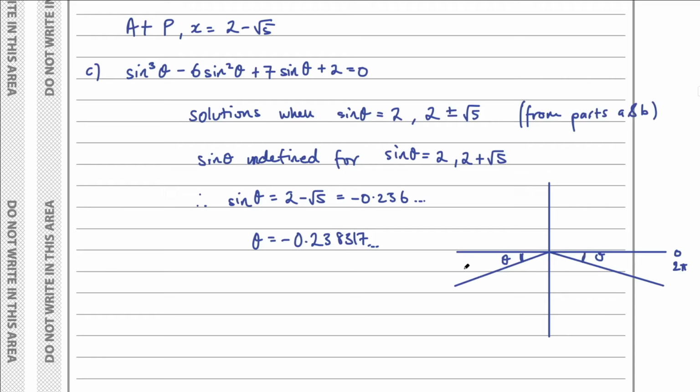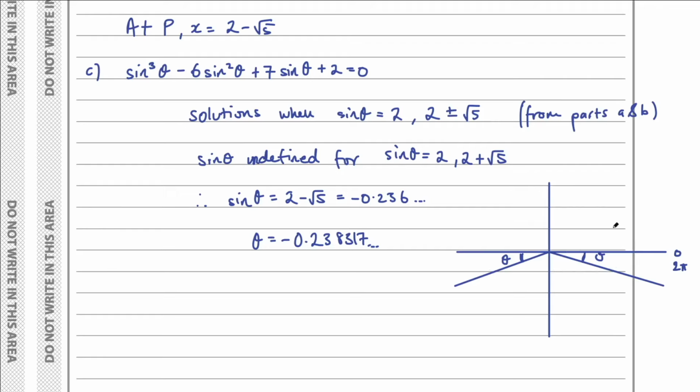To find the actual angle, we would probably be doing pi plus theta and then 2 pi take theta, but we don't actually have to figure out the solutions. We just have to figure out how many solutions there would be. So if we went around, as I was saying, from 0 to 2 pi, there'd be two solutions.